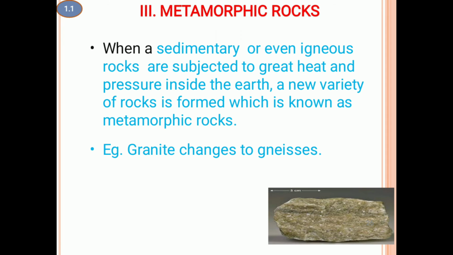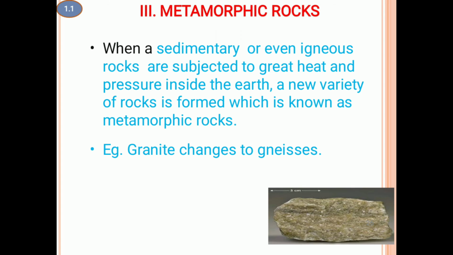Next, based on origin classification, comes the metamorphic rock. Many sedimentary or even igneous rocks are subjected to great heat and pressure inside the earth, and a new variety of rocks is formed, which is known as metamorphic rocks. As I said earlier, the name metamorphic itself speaks about temperature and pressure.